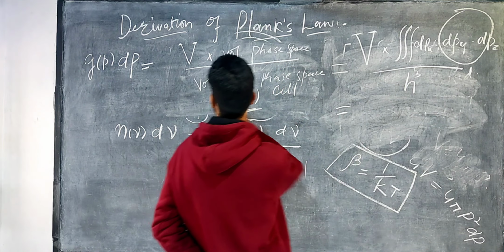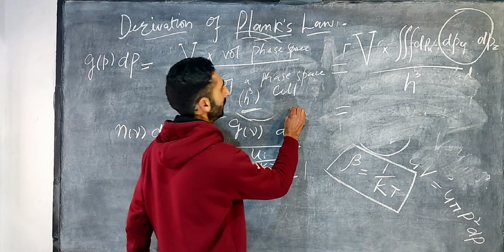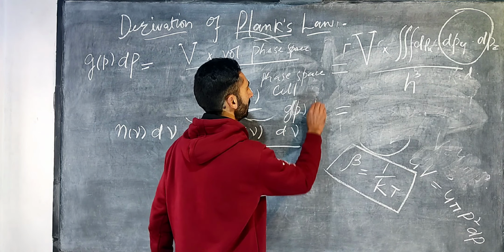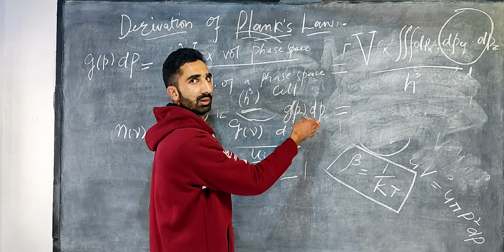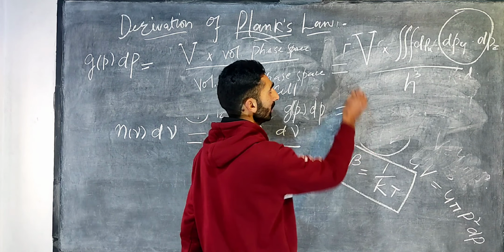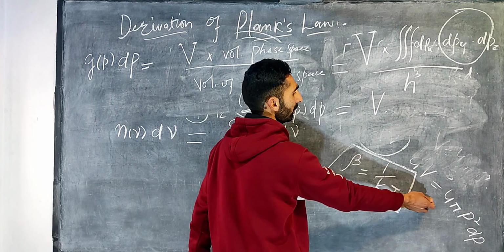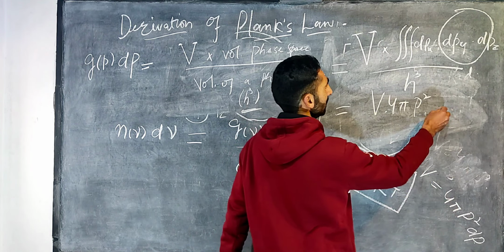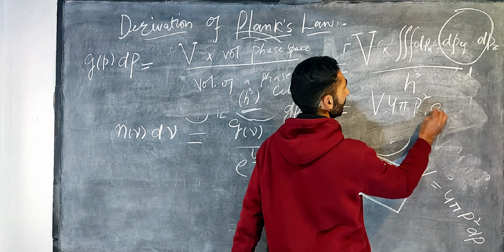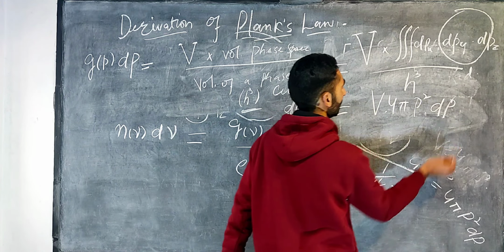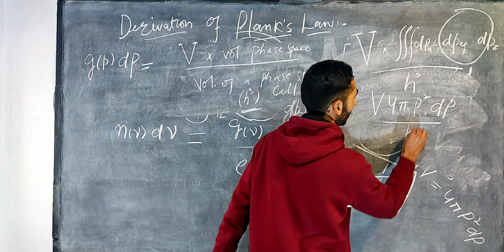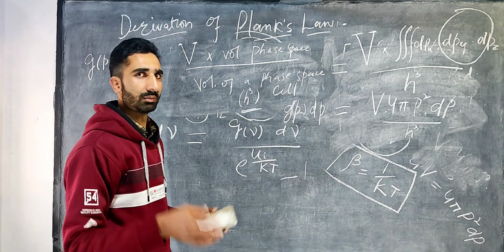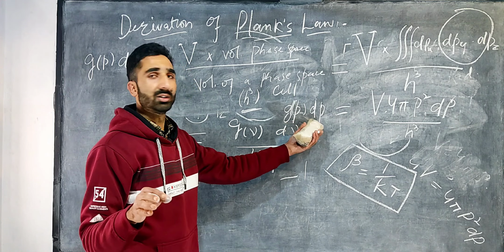So we get g(p) dp, that is the number of phase space cells within the range of dp, equal to V multiplied by 4 pi p squared dp, whole divided by h cubed. So this will be our number of phase space cells within the range of dp.